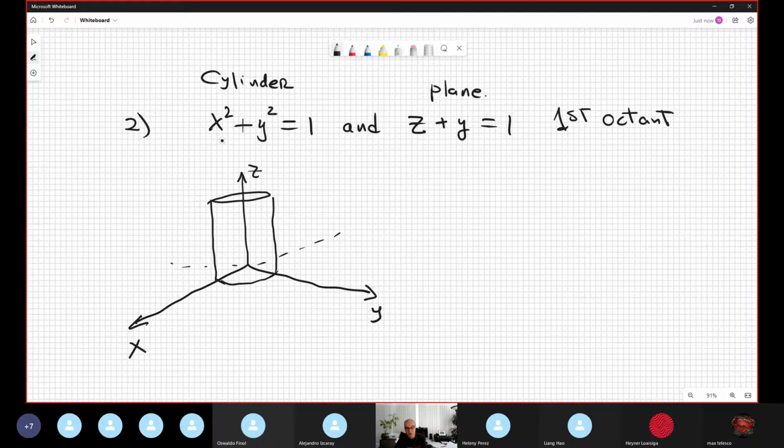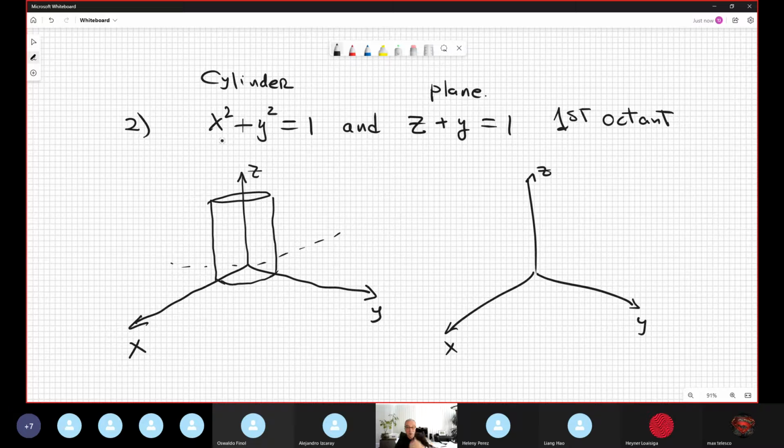Entonces x is missing in this plane. Let me try to do my best here. I do the graph of the plane. One fantastic way to do the graph of the plane quickly is to compute the intersections.